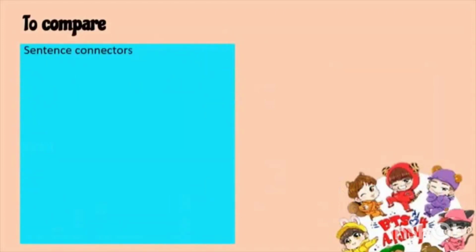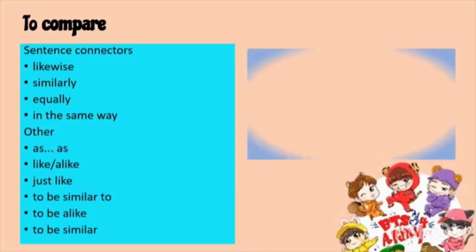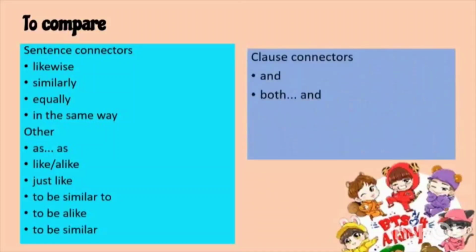To compare, here are the following connectors. Sentence connectors: likewise, similarly, equally, in the same way. As, like, alike, just like, to be similar to, to be alike. To be similar, and we also use and, both and, not only but also, neither nor, just as.